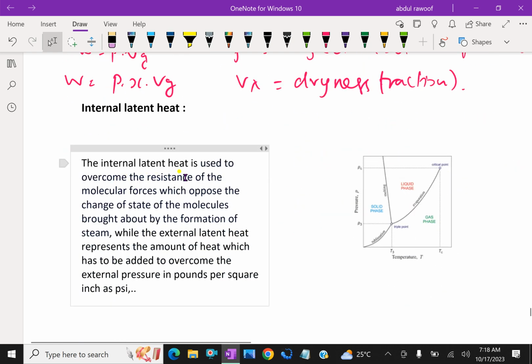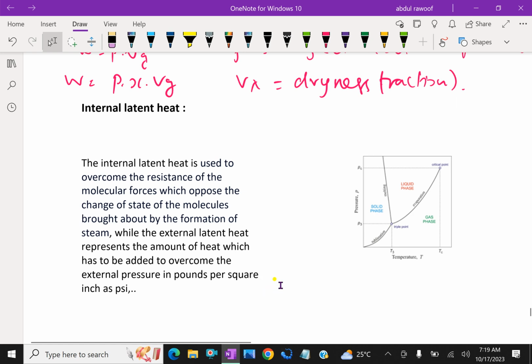Next one, internal latent heat. The internal latent heat is used to overcome the resistance of the molecular forces which opposes the change of state of the molecules brought about by the formation of steam, while the external latent heat represents the amount of heat which has to be added to overcome the external pressure in pounds per square inch or Newton per meter square, Pascal.